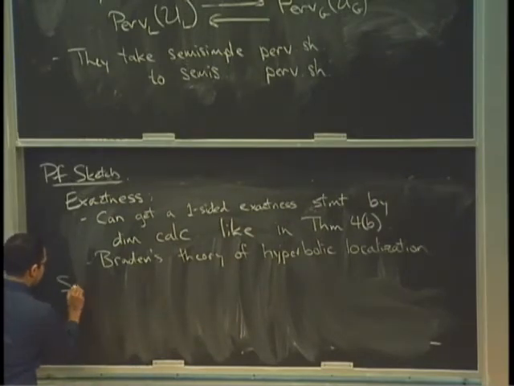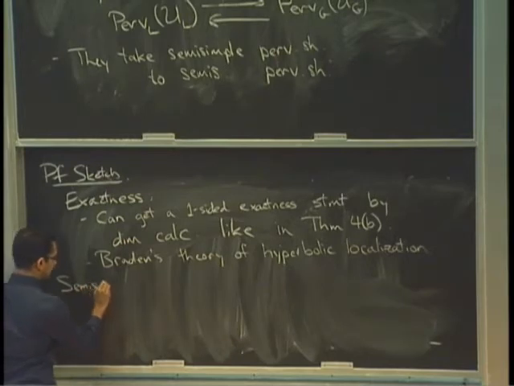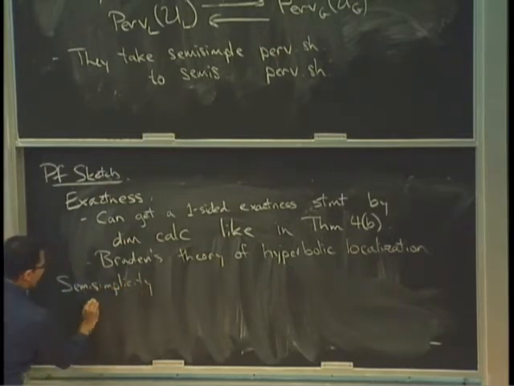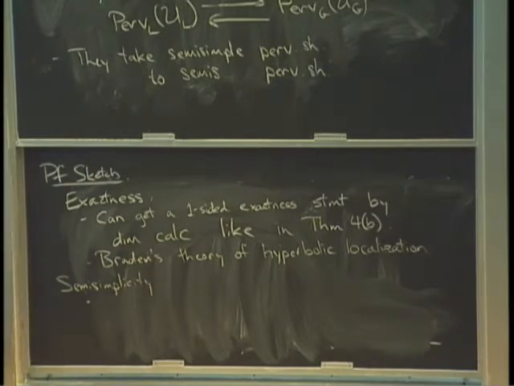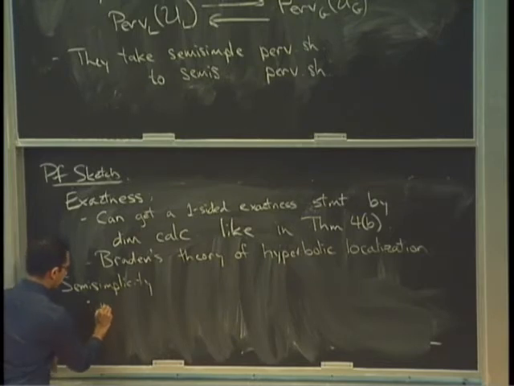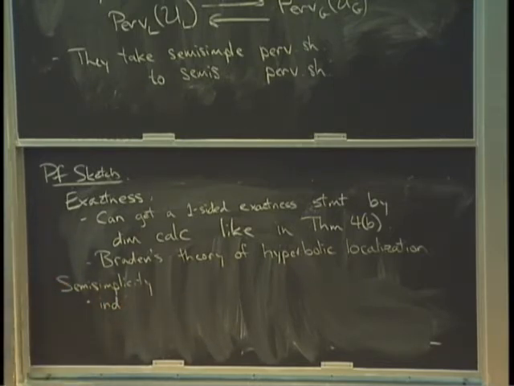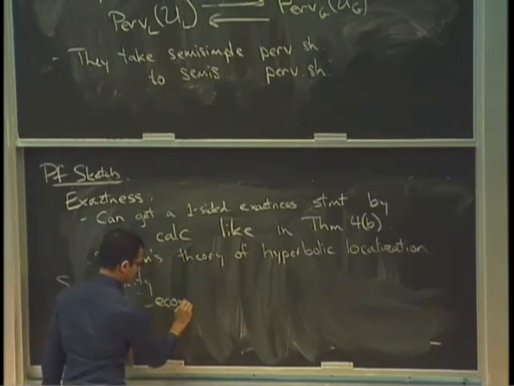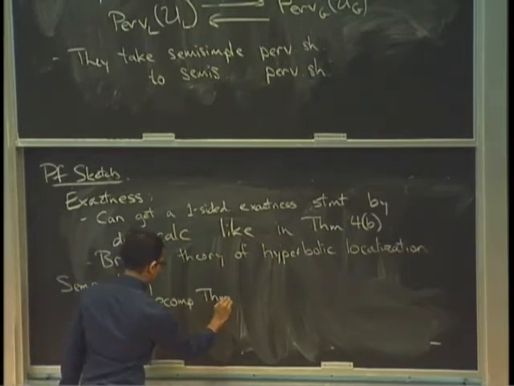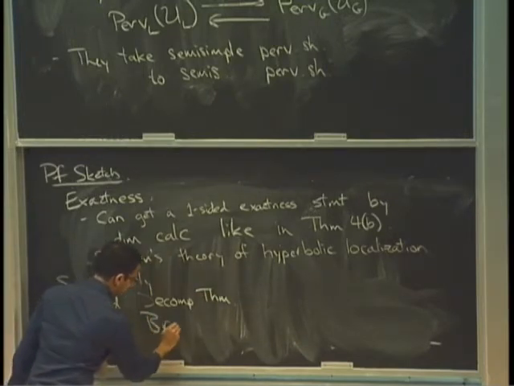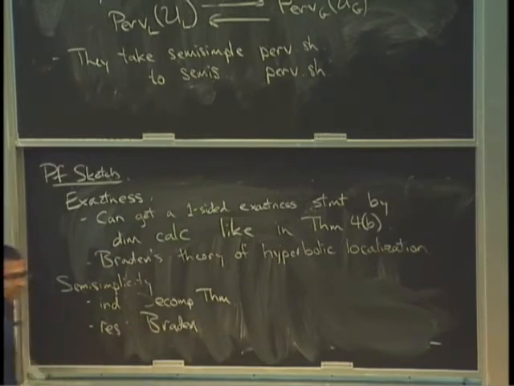And then for semi-simplicity, I'll tell you two reasons for this. For induction, the reason it takes semi-simple things to semi-simple things is the decomposition theorem. And for restriction, it's Braden again.